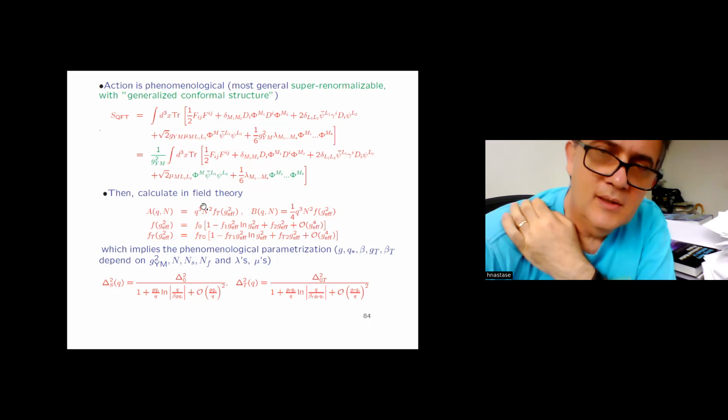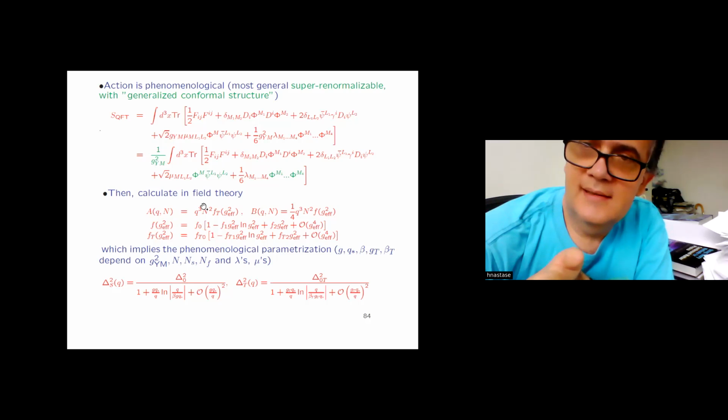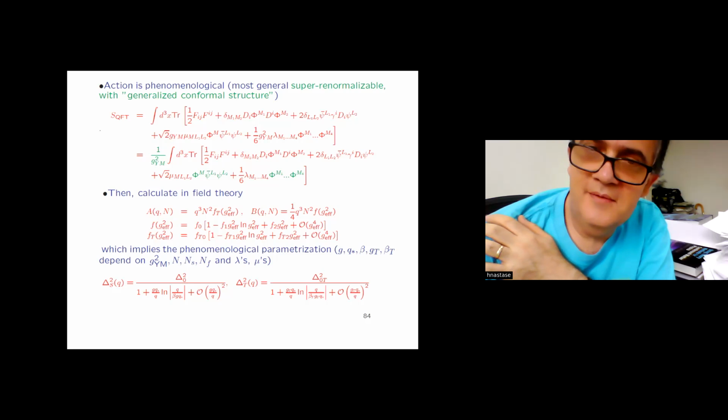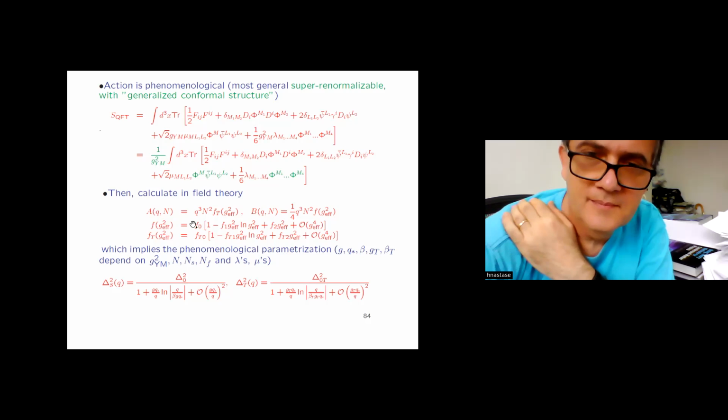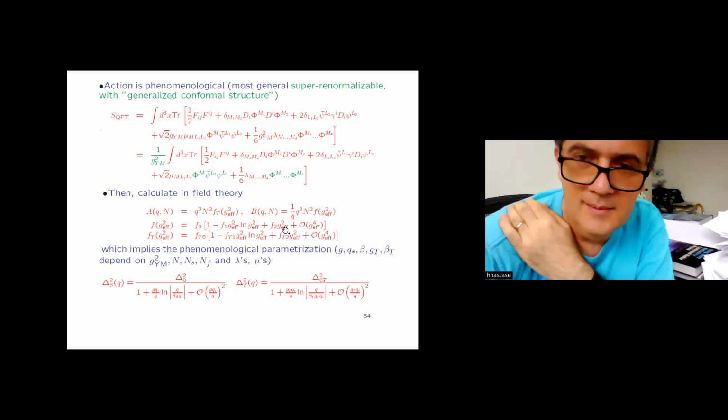And so then one calculates this 2-point function of energy momentum tensors in field theory at 2 loops. And at 2 loops, one obtains the following form, and higher loops are contained in these terms that were dropped. So one obtains, well, a constant in front, multiplying 1, and then the corrections are of 2 types. There are corrections of G squared effective and of G squared effective log G squared effective.